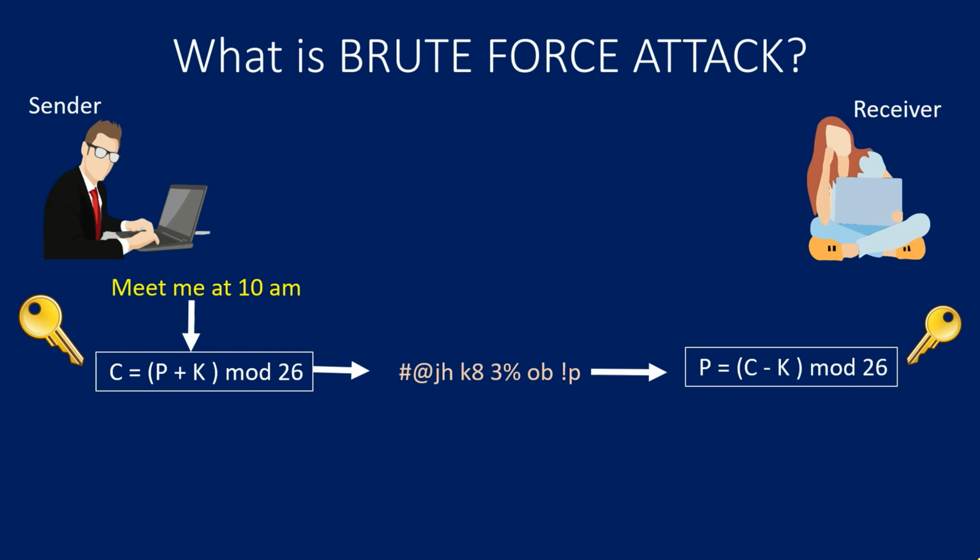So the receiver will decrypt the ciphertext C using the same key K and recover the plain text P, that is meet me at 10 a.m. As you can see here, the keys used by the sender and the receiver are of utmost importance and they have to be kept secret. Only if the key is secret, the data will be accurately recovered by the receiver, and no attacker on the communication channel without the key will be able to decode the ciphertext.